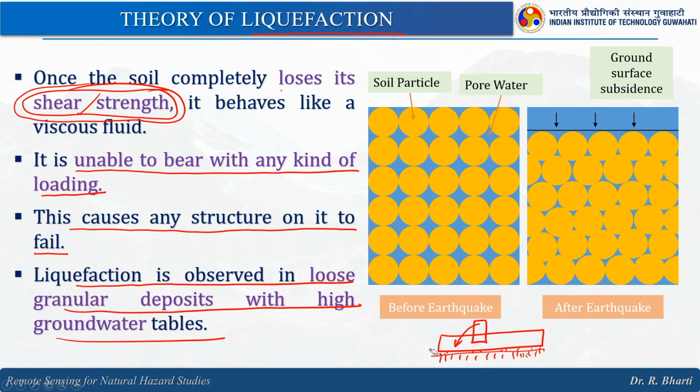Here is the condition when you have soil particles and pore water, and groundwater surface subsidence when you have an earthquake event, and then this is getting settled, because here the pore spaces you can see, here it is more, here it is less. So, this is before the earthquake, this is after the earthquake.